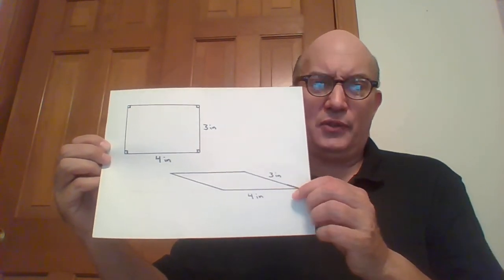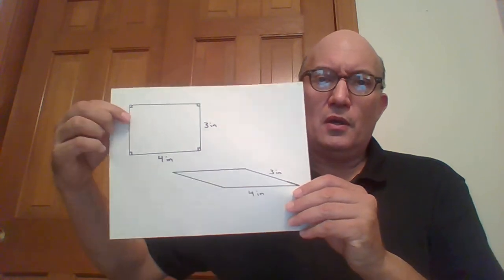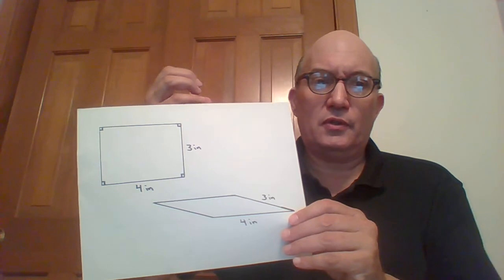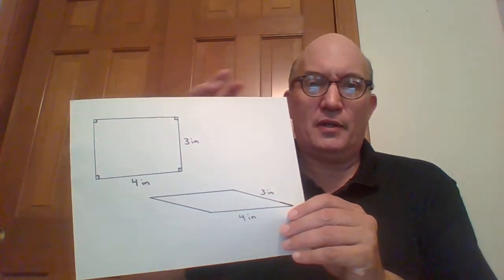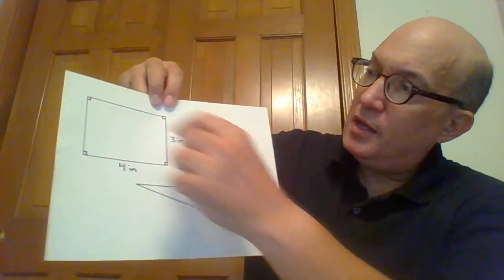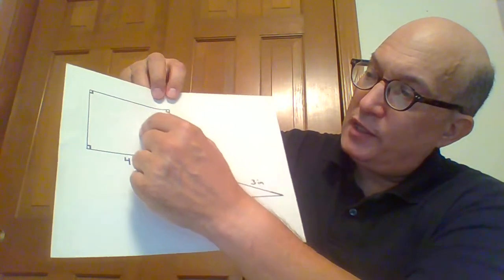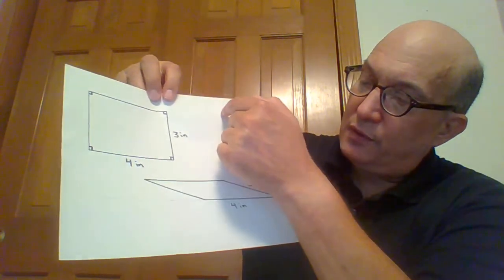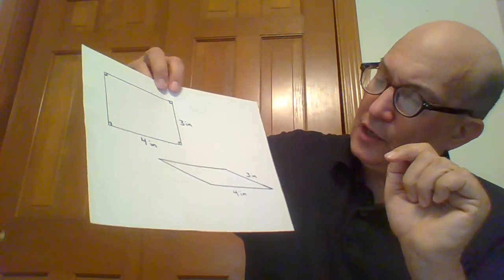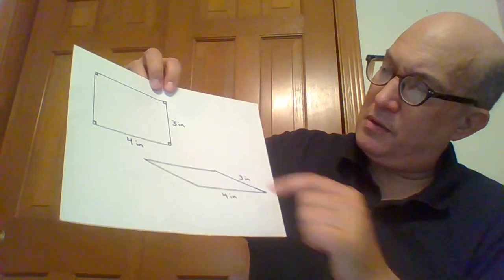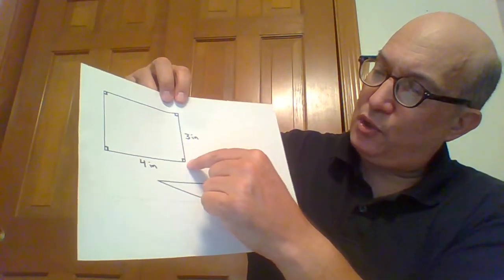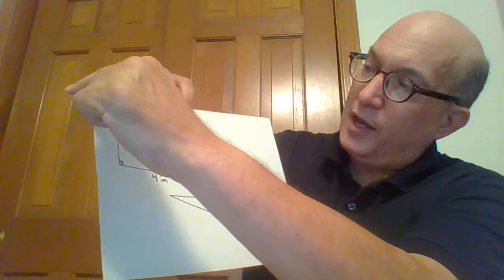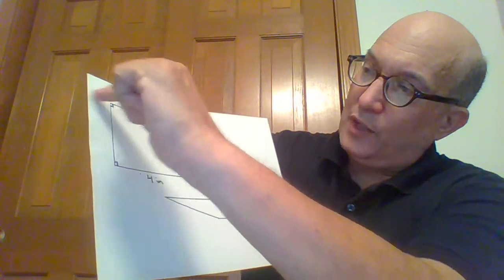One way to think about this parallelogram down here, go up to that rectangle and imagine all of the sides are on hinges. They can pivot, all right? And if you were to come up here in the top corner and push up this way, causing this side to go over that way, this side to come down like that.